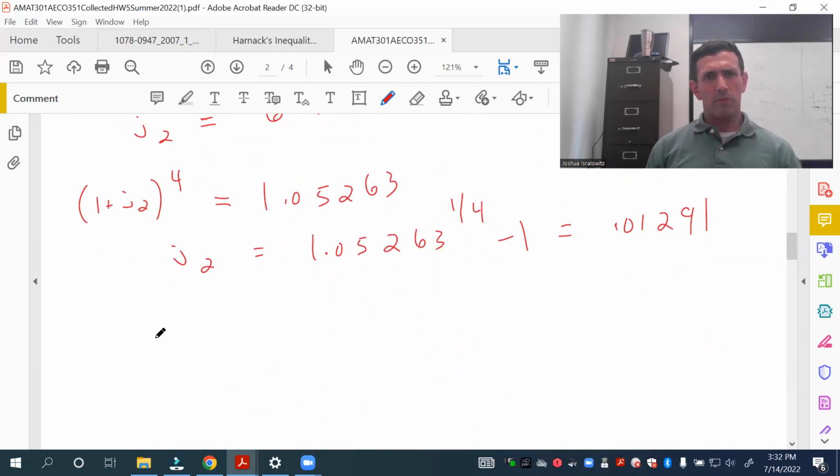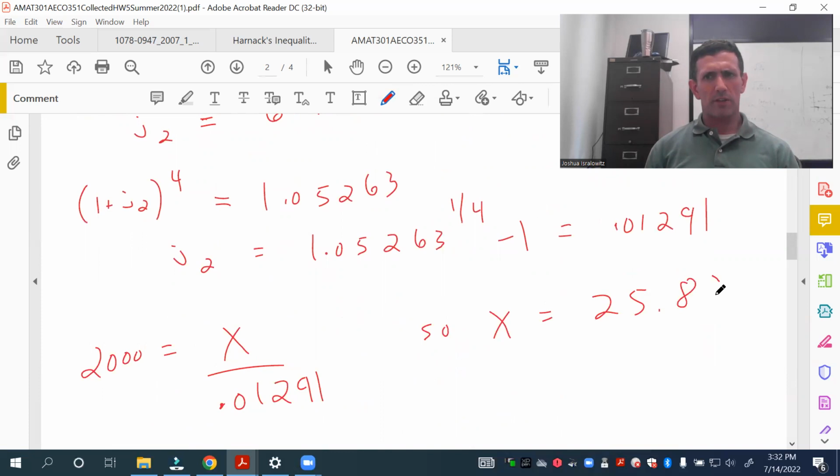So use the annuity immediate formula. Present value of 2,000 is the X payments over my per period interest rate of 0.01291. So X is 2582.